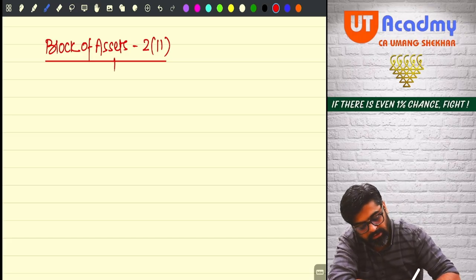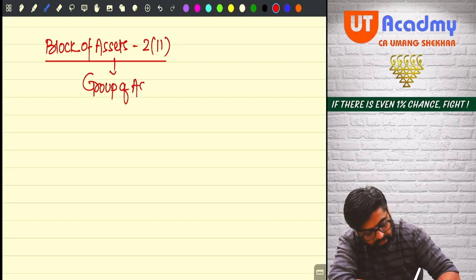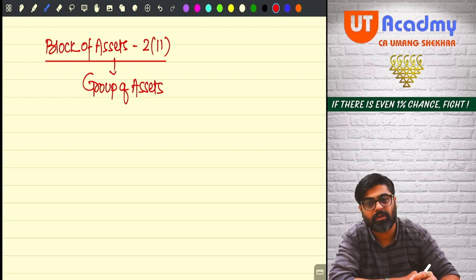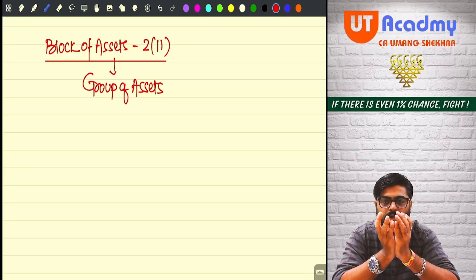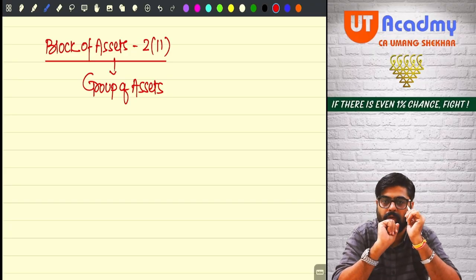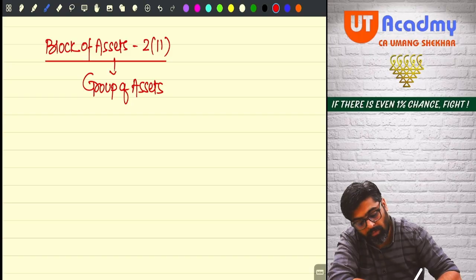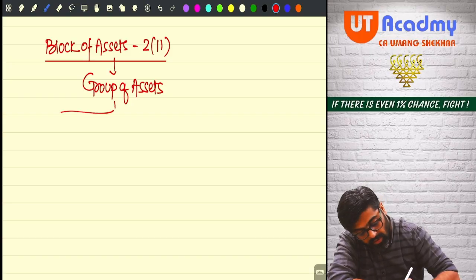According to this definition, block of asset is a group of assets. When certain assets are brought together, a group of the asset is formed, no? That group is known as what?